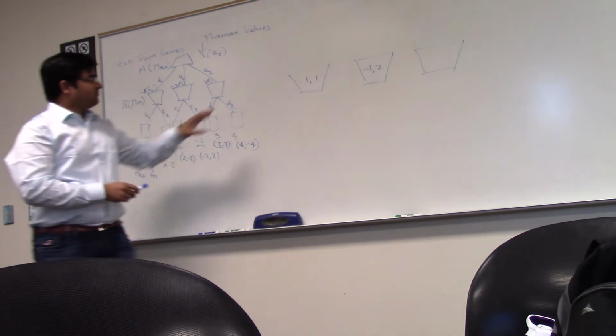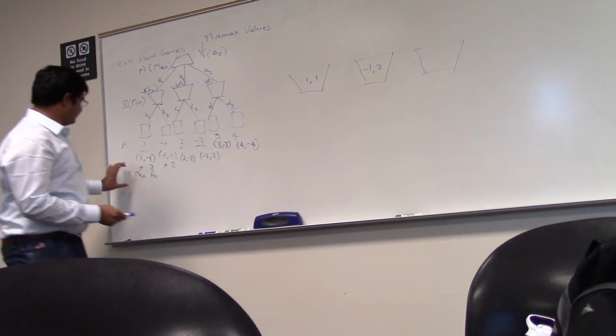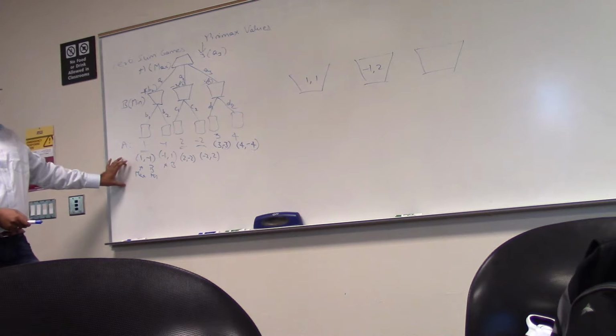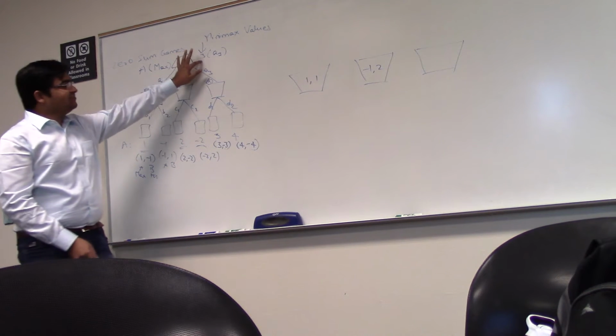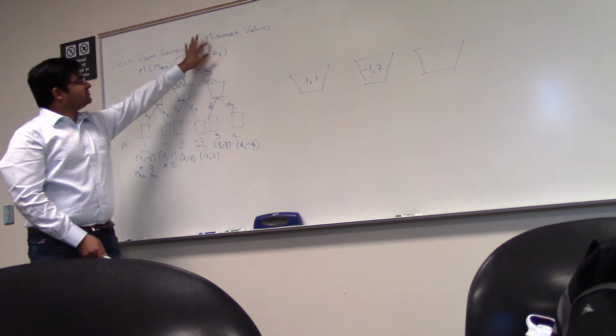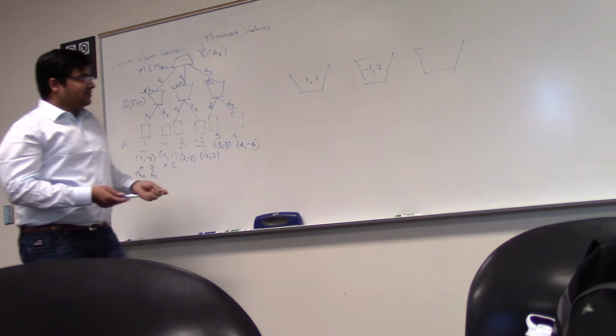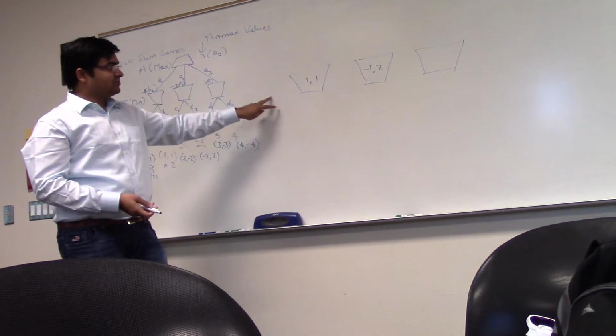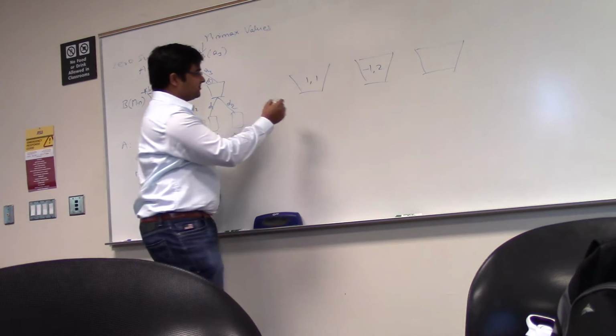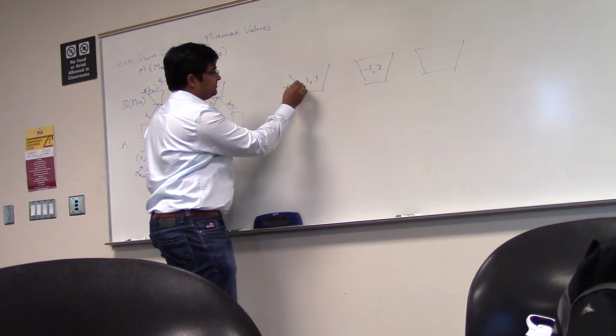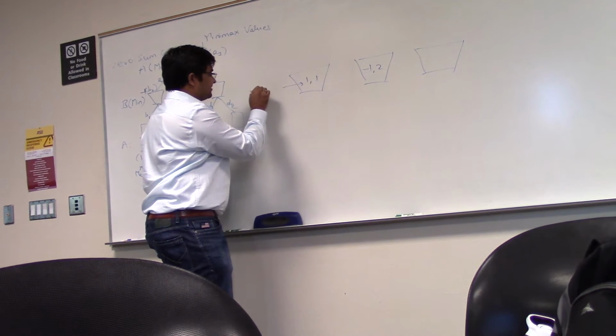Okay, so when we have zero-sum games for two players, we just have a single value. So whatever it is, we will call it minimax value. When we have non-zero-sum games with two or more players, we will have something called minimax vectors. So these will be called minimax vectors.